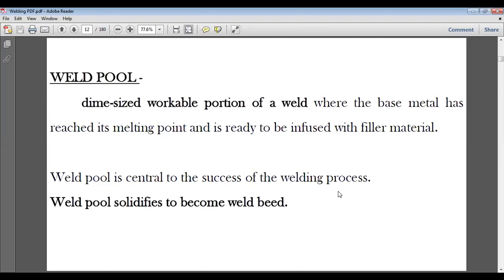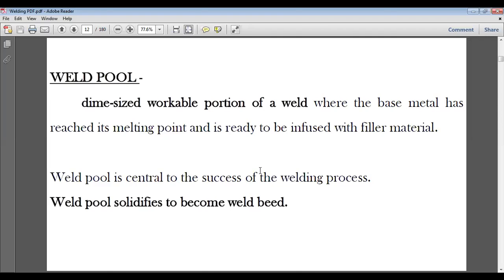The weld pool solidifies to become the weld bead; after solidification it becomes a weld bead, when it is hardened. Within no time it hardens, since it takes very little time to create a weld pool, and it quickly solidifies.